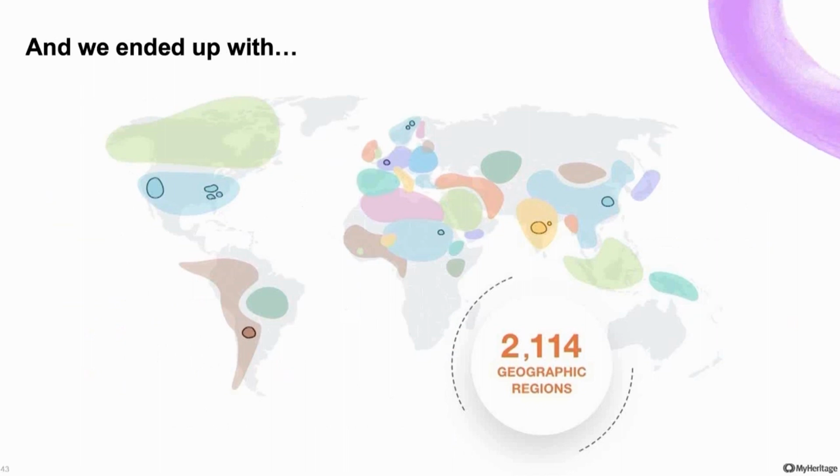Most of this manual review was done by our awesome Senior Vice President of Product Management, Uri Gonen. And after working with all of the initial thousands of groups that came out from the algorithm, we ended up with 2,114 unique geographic regions or genetic groups that can tell a different story. Each one of them has something unique in it, something that differentiates them from the others.